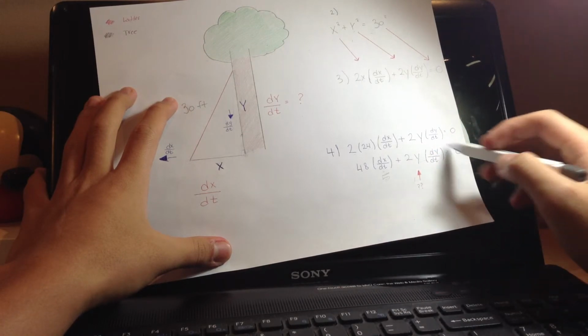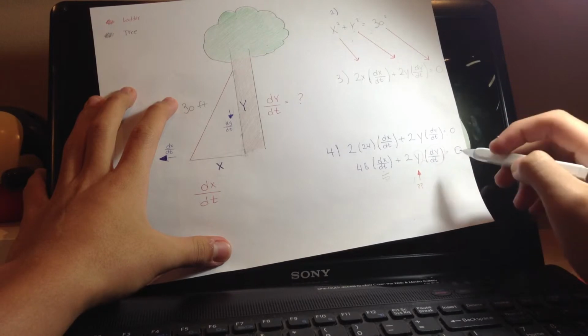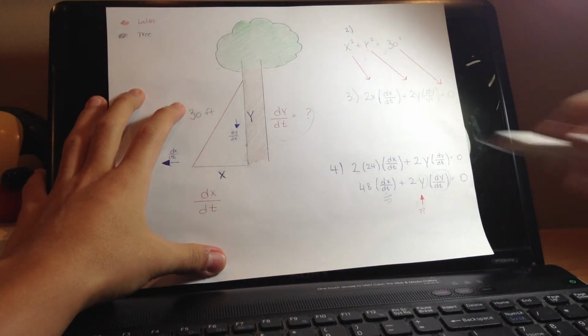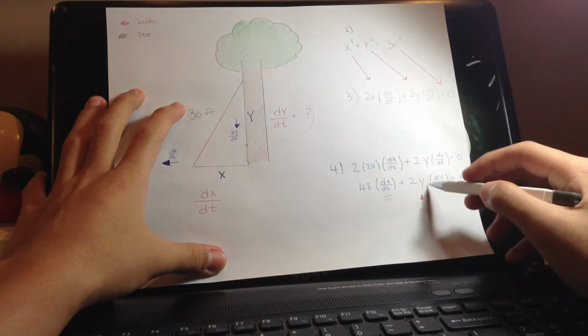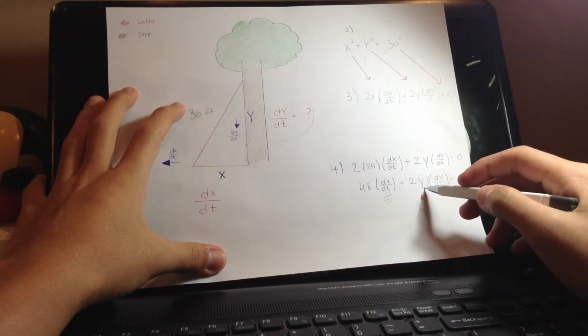But in this equation we still have two variables, which are y and dy/dt. And dy/dt is the thing that we're trying to find. So we have to find the value of y and substitute it into this equation.